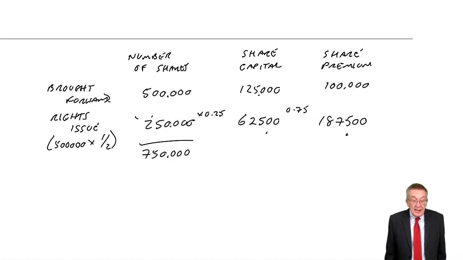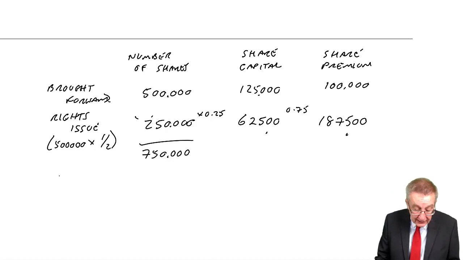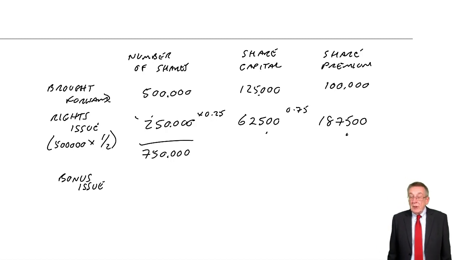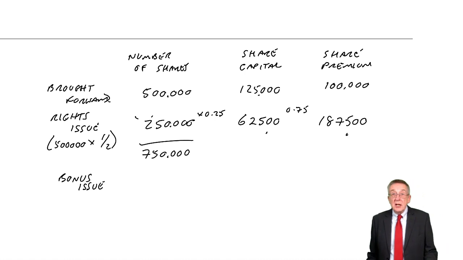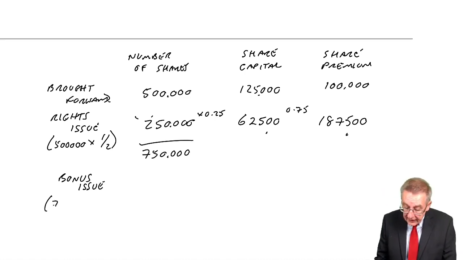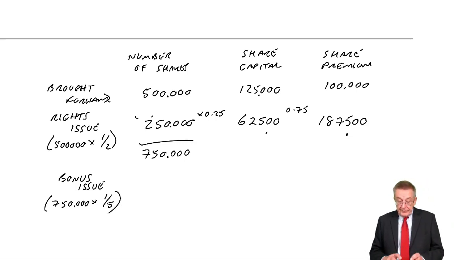It says later in the year, the company made a bonus issue of 1 share for every 5 held. Well, whether it's rights or bonus, it's always the proportion of how many shares they currently do hold. And they now own 750,000 in total. So 1 for 5 means we're issuing 750 divided by 5.